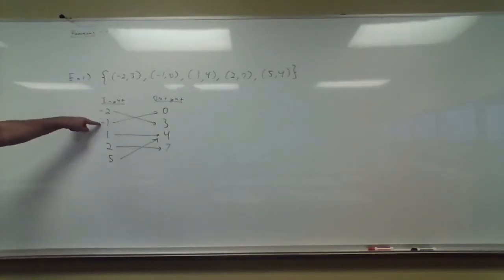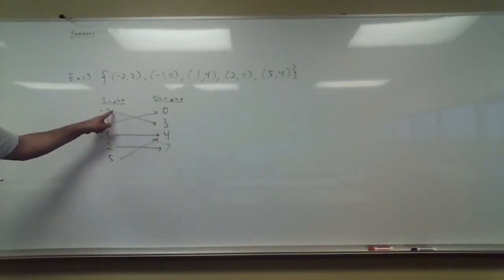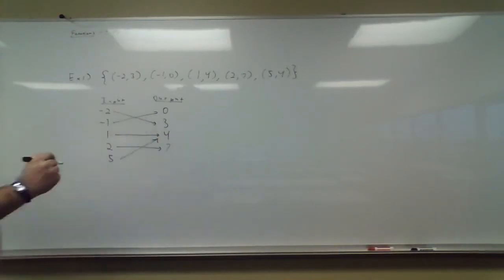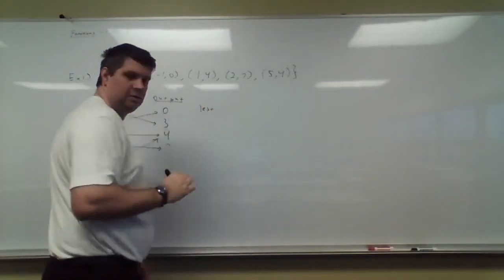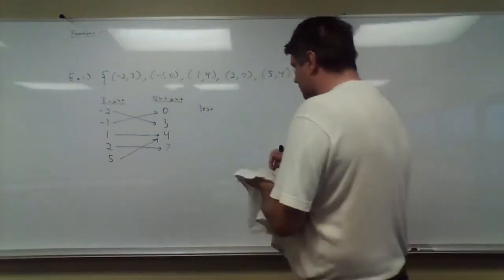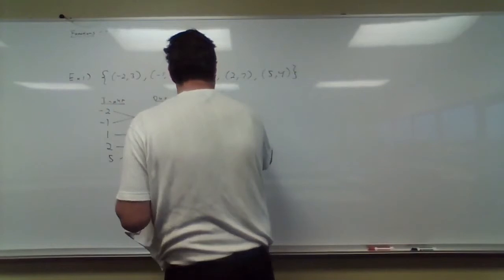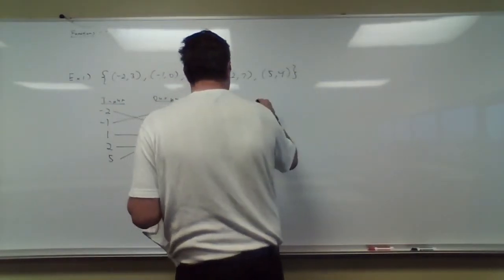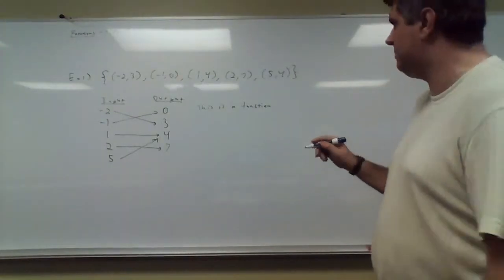Each one of these input variables has only one output. Only one arrow coming from it. So this is a function. The domain is a set of inputs.